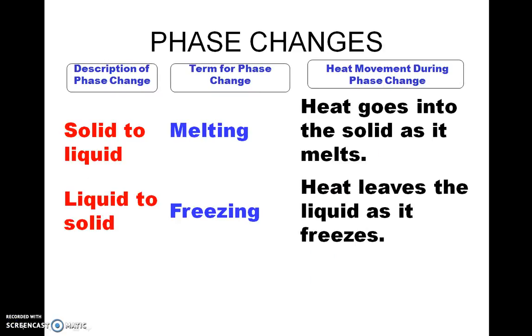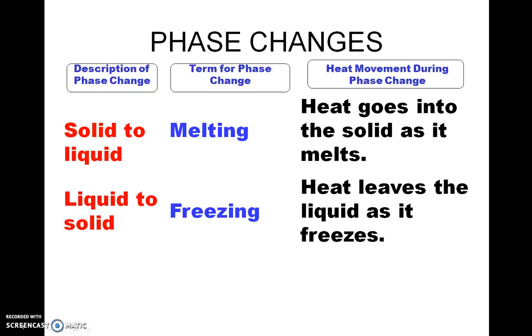Now, there are phase changes in our states of matter. Solid to liquid is called melting. When melting occurs, heat goes into the solid as it melts, which is why the particles expand from how compact they were, which causes it to turn into liquid.